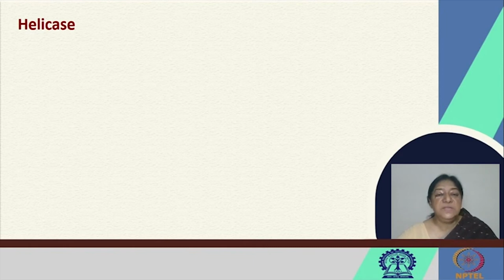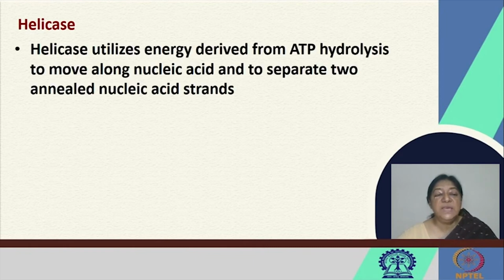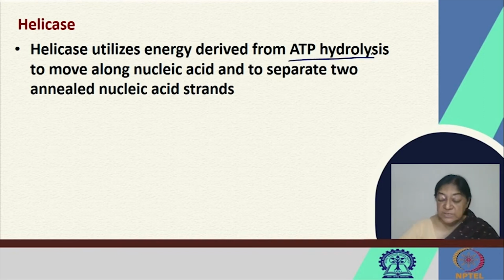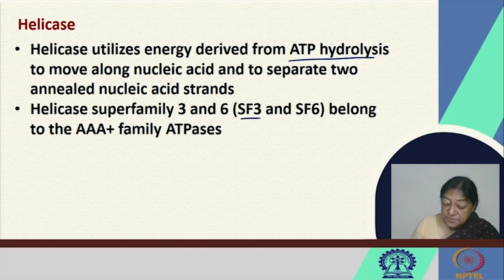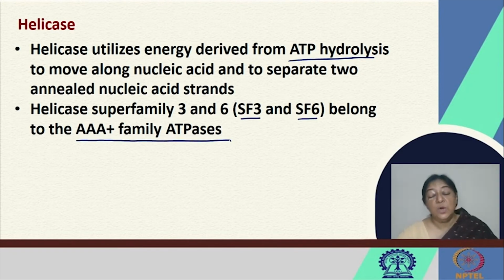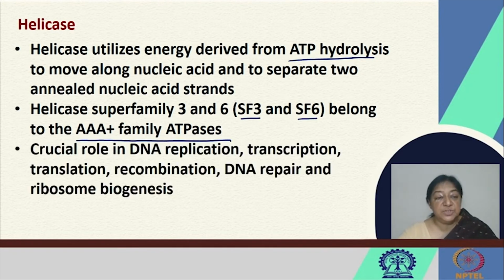In the next set of examples of motor proteins, we have the helicase. The helicase proteins utilize the energy derived from ATP hydrolysis, and they move along the nucleic acid to separate the two nucleic acid strands. So again, this superfamily, SF3 and SF6, belong to the AAA plus family of ATPases that we discussed in the previous lecture.